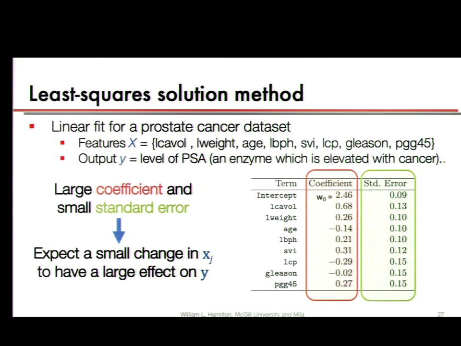All that tells you is that this feature might have a large change, but if it has a really huge standard error, then we have no confidence in that estimate. So in some sense, coefficients don't really tell you about importance, and that's actually something you get from standard error, or if we were to go into more detail, from actually computing things like p-values. Okay, so that's a brief aside. We'll return to a bit more statistical best practices later in the course.